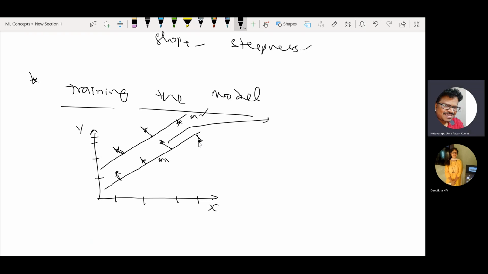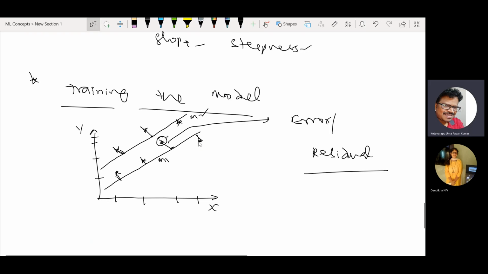If there is a minimal distance between the predictions and the actual values, then our model is good. Whatever value we have predicted and whatever the actual is, this difference is nothing but the error, or I can say the residual.